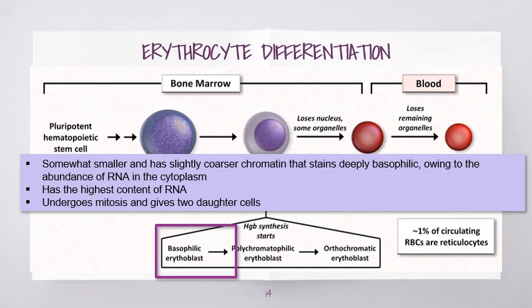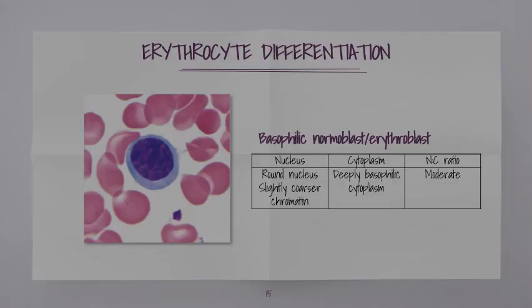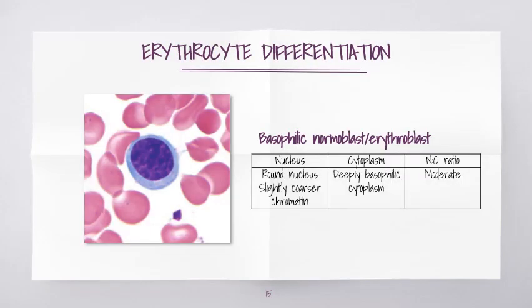Okay, I think we will discuss that later on in hematology, or in histology. But in our discussion, when I say basophilic, it means blue. Okay, so this is a basophilic erythroblast.